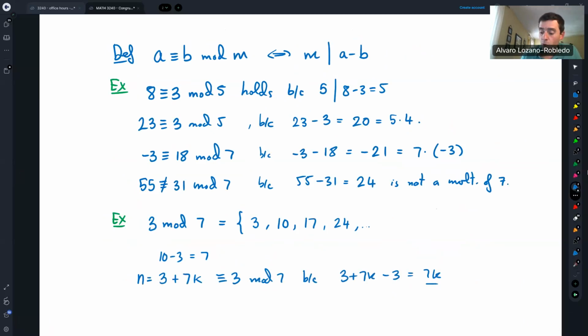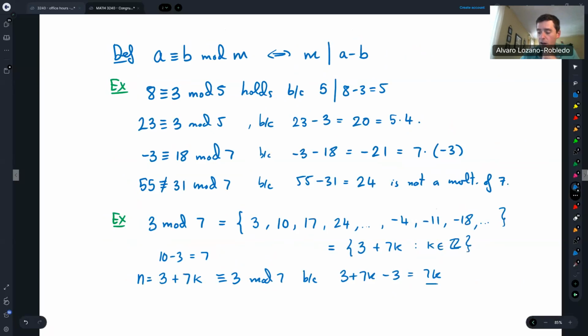I can also subtract multiples of 7, and the same thing happens. 3 minus 7 is minus 4, and then minus 7 is minus 11, and minus 7 is minus 18, etc. And then you see that, in fact, this is the set of all numbers that are 3 plus a multiple of 7. For k any integer, I get exactly that class of numbers.